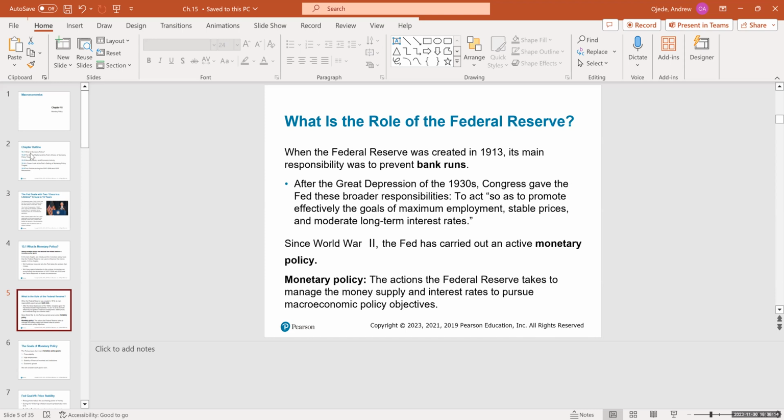As I talked about in chapter 14, before the Federal Reserve was created in 1913, we did not have a Federal Reserve. Neither did we have the Federal Deposit Insurance Corporation. The FDIC ensures that all your deposits in a bank in America are insured up to $250,000 on individual accounts, meaning that if the bank were to fail, the federal government has insured your deposit.